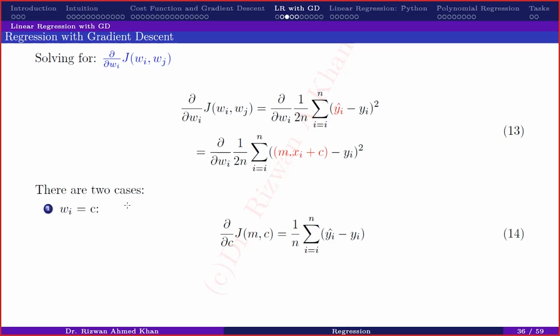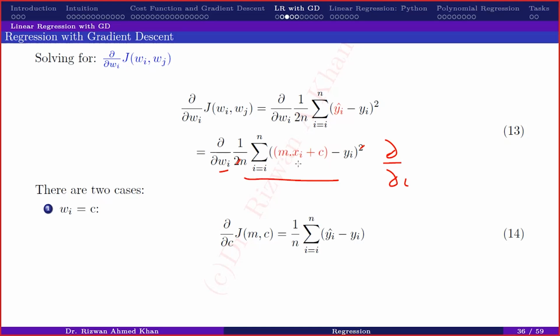So if you solve when w_i is equal to c, let's say you are taking the derivative with respect to c of this function. Here this 2 would come down, so 2 and 2 would cancel, and we will have 1 over n.